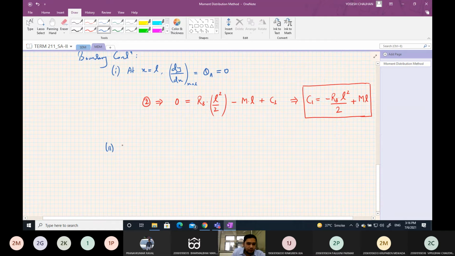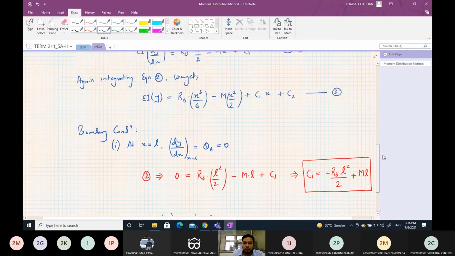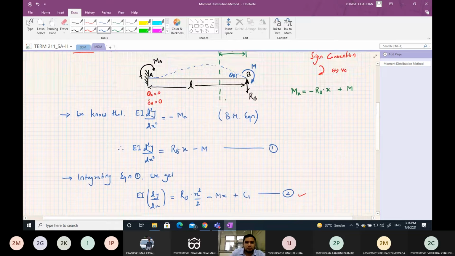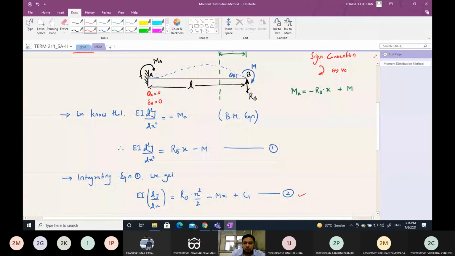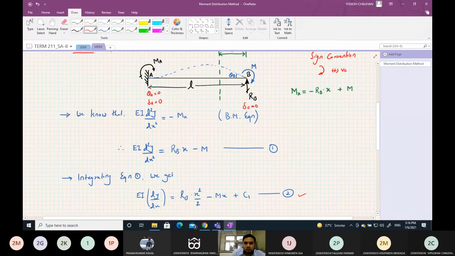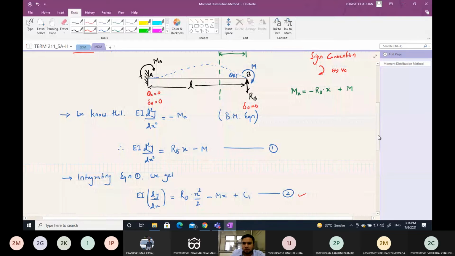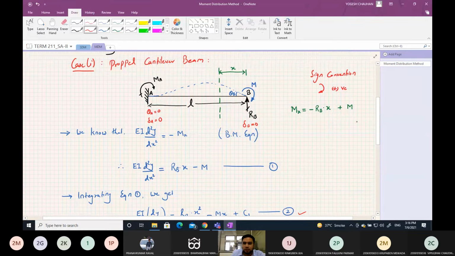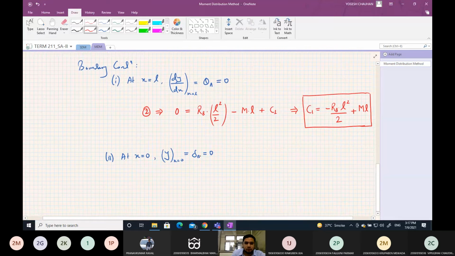Second boundary condition is at x equals to 0, the deflection y is equal to delta B, which is equal to 0. Because it is restrained, delta B is 0.